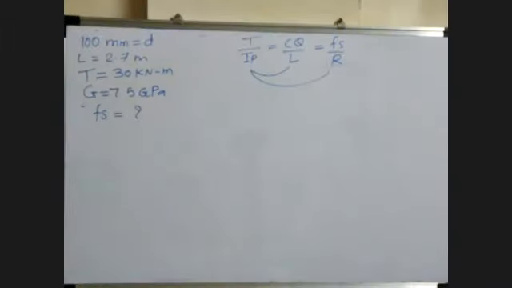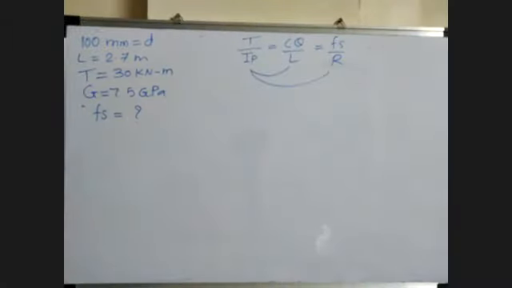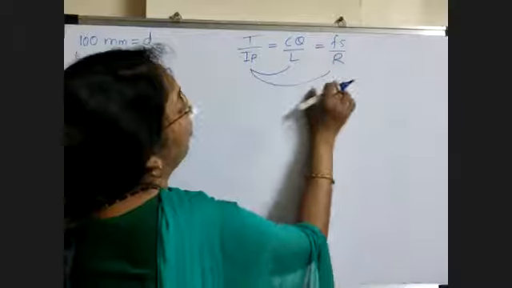Now see, in the previous problem the diameter we had to calculate and the maximum shear stress was given. Now in this problem, the maximum shear stress we have to calculate and the diameter is given. Again the same question. We have to write this formula.